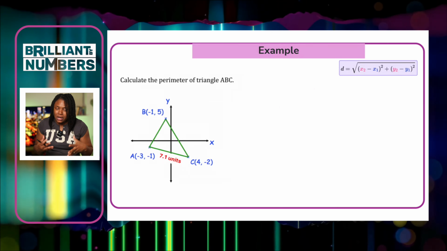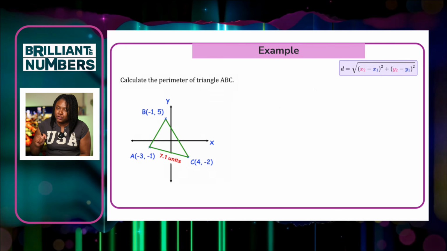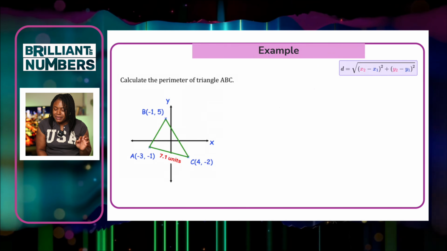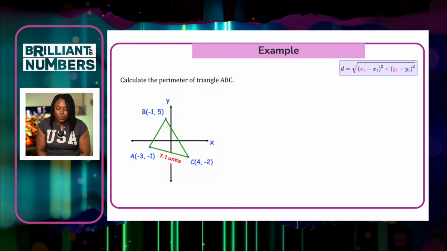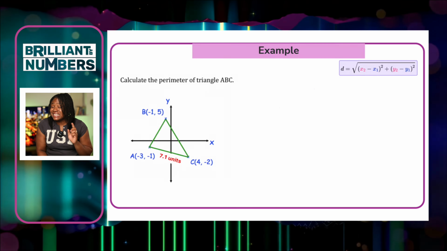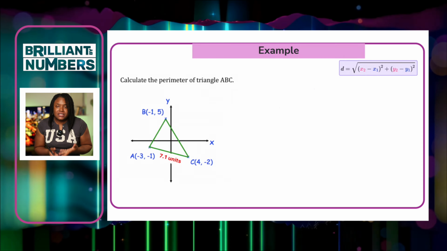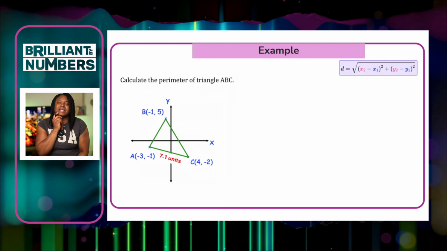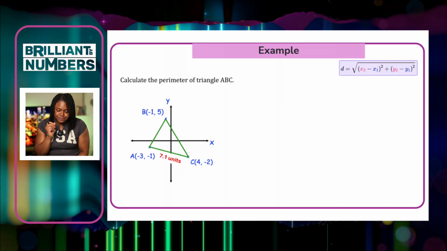So essentially we are asked to find the distance around the triangle. However, we notice we do not know the distance from A to B, and also we do not know the distance from B to C. So we must use our distance formula to calculate those two missing bits. Then we can add all the sides together.